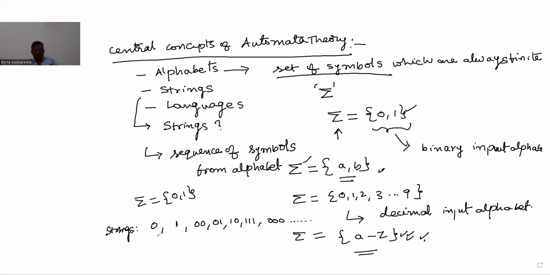These are the strings. Strings are sequences of symbols from the input alphabet. The definition of a string is a sequence of symbols taken from, or over, the alphabet.